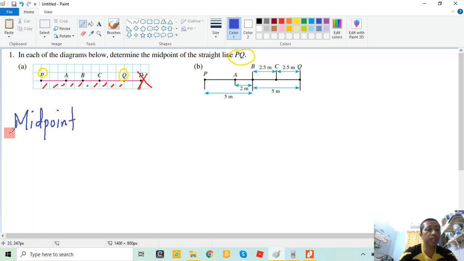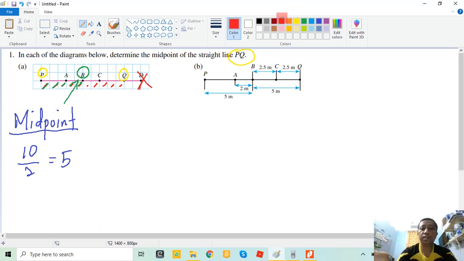To find the midpoint, what we do? 10 boxes. We divide with 2. So this is equal to 5. 5 boxes. Okay. So how you want to determine the midpoint? So we count 5. So let me use different color. So 1, 2, 3, 4, 5. Therefore, B is the midpoint.